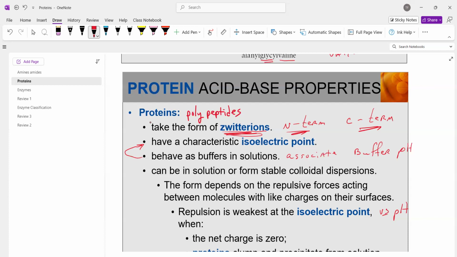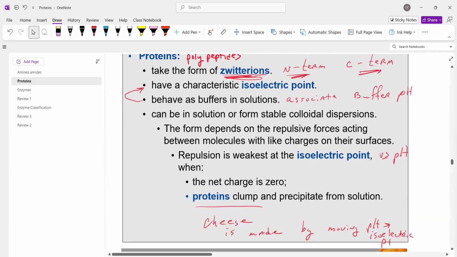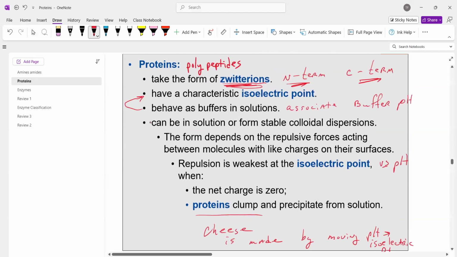Like I was mentioning before with amino acids, if the net charge is 0, proteins clump together or form solids at the isoelectric point.